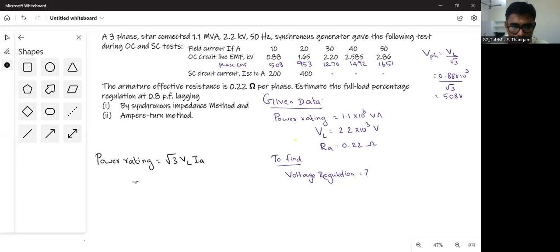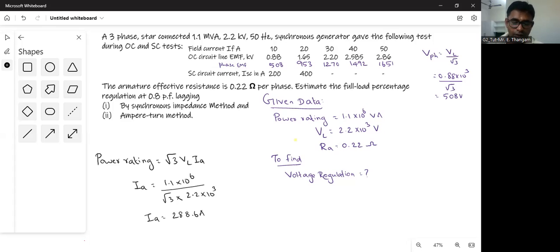From this your armature current can be calculated: 1.1 into 10 to the power 6, divided by √3 into VL value, which is given as 2.2, so 2.2 into 10 to the power 3, since it is kV. So you will get IA equal to 288.6 amps. So this is the armature current.